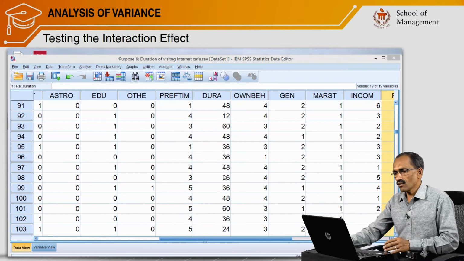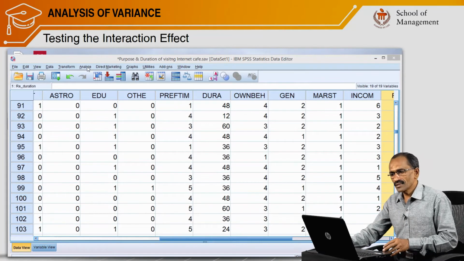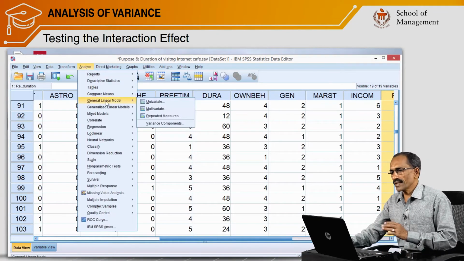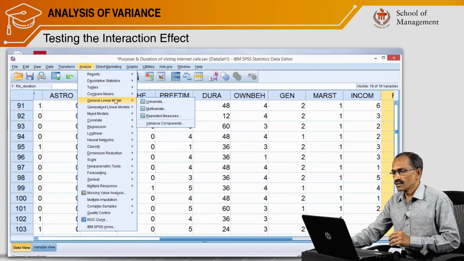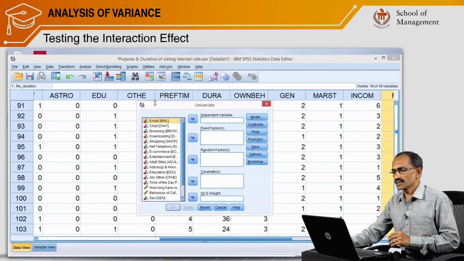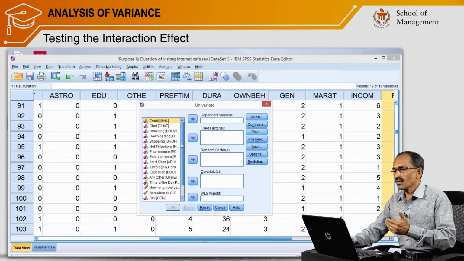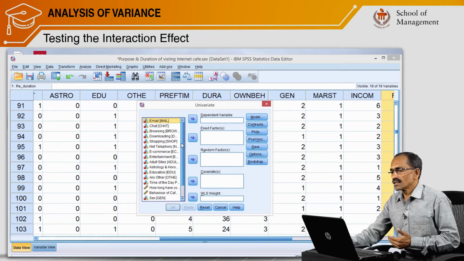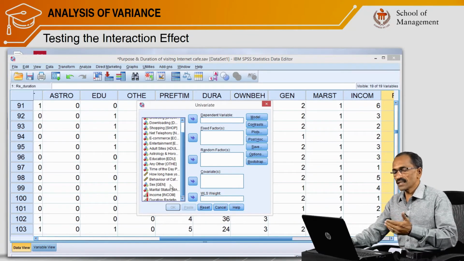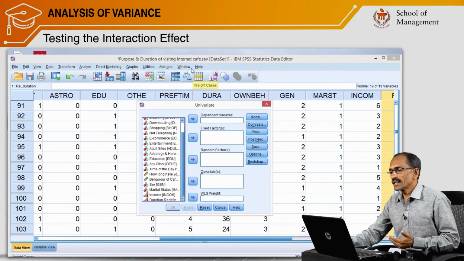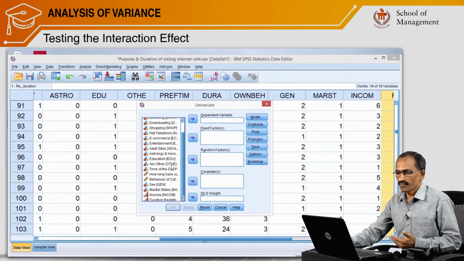How will we do factorial ANOVA? Go to Analyze, locate General Linear Model and click on Univariate. In our model, we are going to test whether there is any interaction between gender and marital status on internet visit.